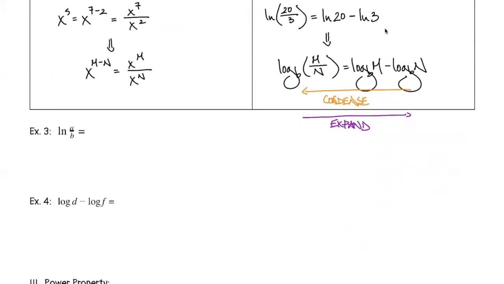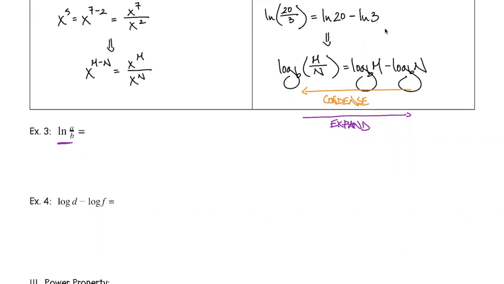So if we look at examples 3 and 4, we've got one expand, one condense. What's the first one going to be? What's example 3 going to be? Expand or condense? Expand. Yeah, that's going to be expand, right? We've only got one. We want to turn it into a bunch of them.